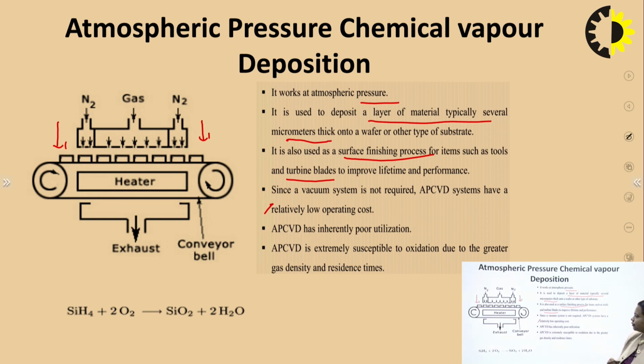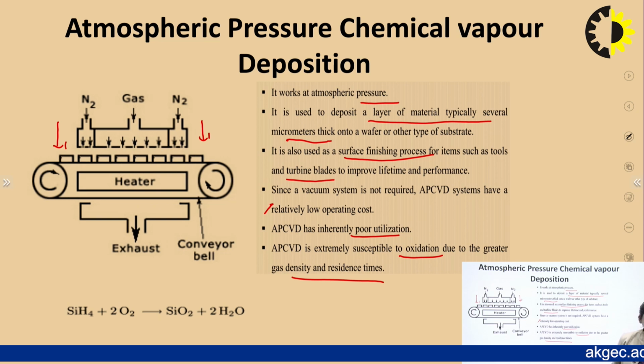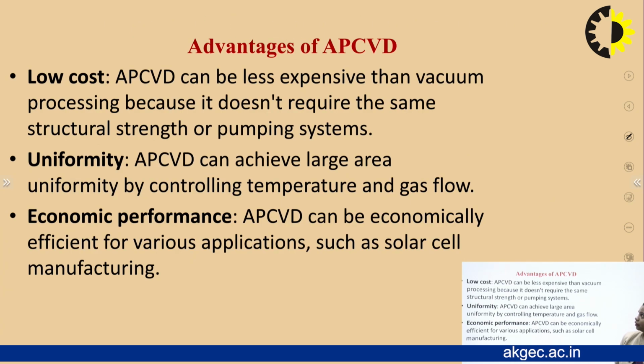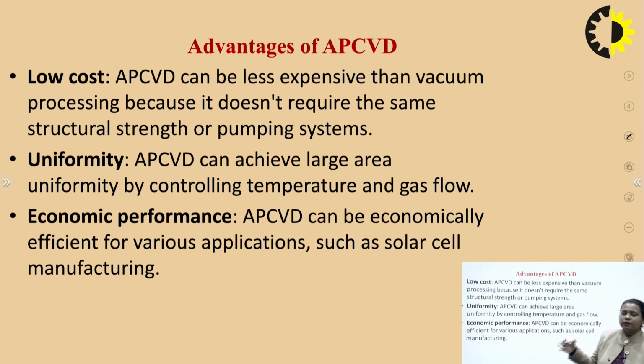This atmospheric CVD method has inherently poor utilization, and it is extremely susceptible to oxidation due to greater gas density and residence times. These are the advantages of this method. First one is low cost. Atmospheric pressure CVD is a low cost method, because it does not require any extra process for creating the pressure.